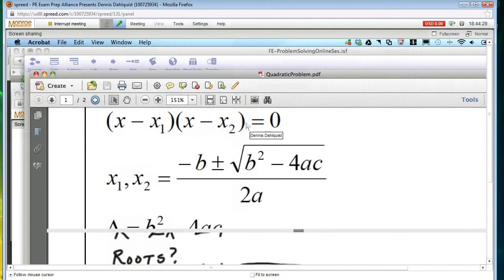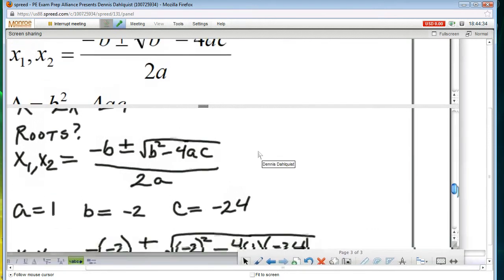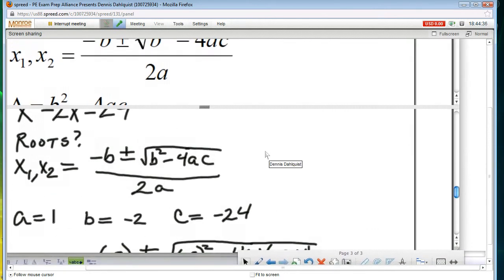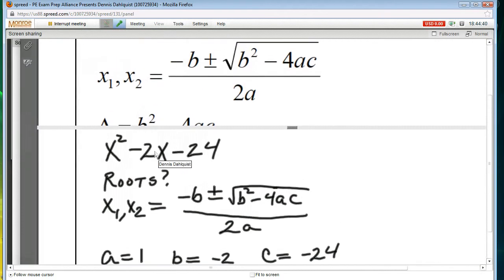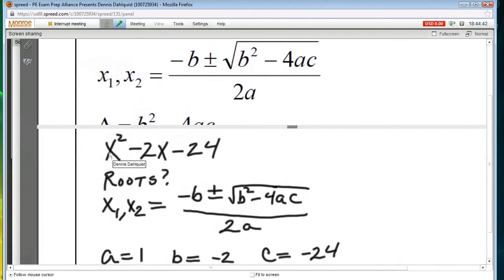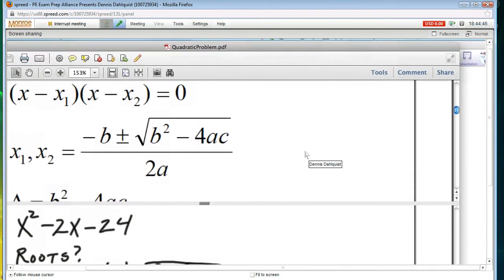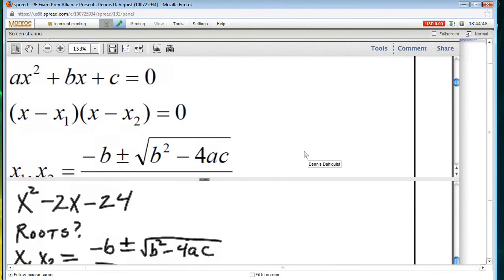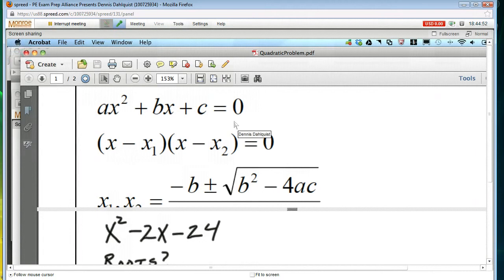In other words, what are our values for A, B, and C? Looking back at our original equation, x squared minus 2x minus 24, A would be 1, B would be minus 2, and C would be minus 24. So again, mapping to the original values up here.